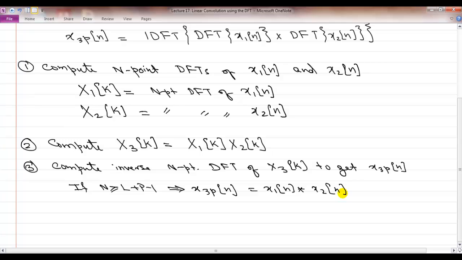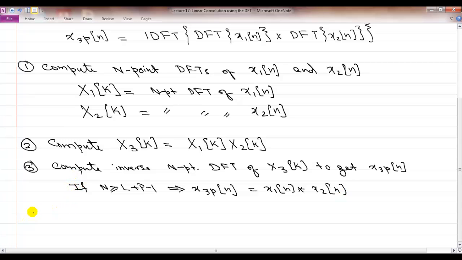Now, why do that? Because although we haven't discussed it, we will discuss it in the next chapter, the DFT can be computed in a much faster fashion than computing linear convolution using its original formula.